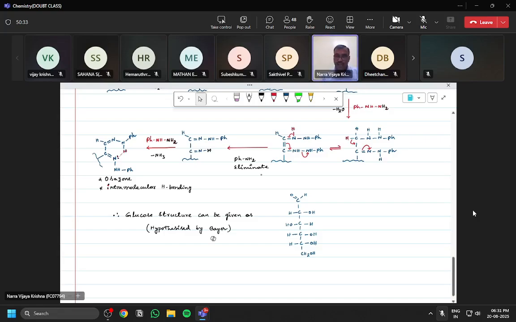Having how many chiral carbons? This is 1, 2, 3, 4. 4 chiral centers. This is first carbon, second, third, fourth, fifth, sixth. So this is the last chiral carbon, right? So in total it has 4 chiral carbons.